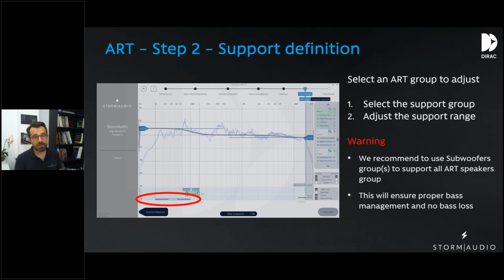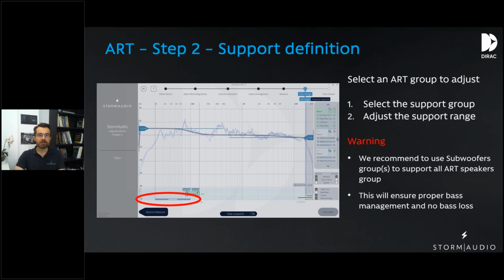One recommendation that we make by experience, and this is mainly related to the fact that we still do bass management in a way, I mean, we ensure that there is no bass loss in the system, is that we encourage you to make any subwoofer a support to all the different ART groups that you have defined.